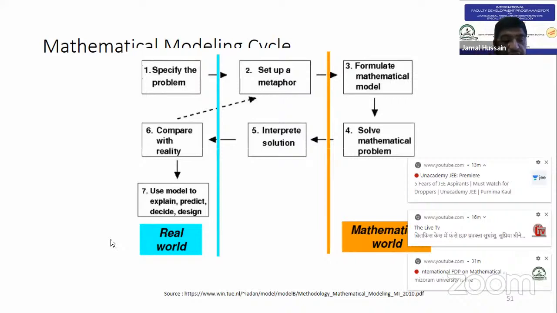And then after validation, if you can successfully validate the model, then you can apply this model to interpret the results and even to predict. This is the beauty of mathematical modeling.